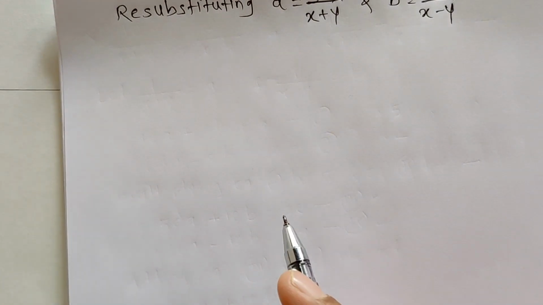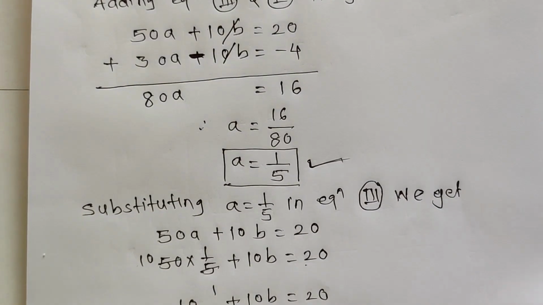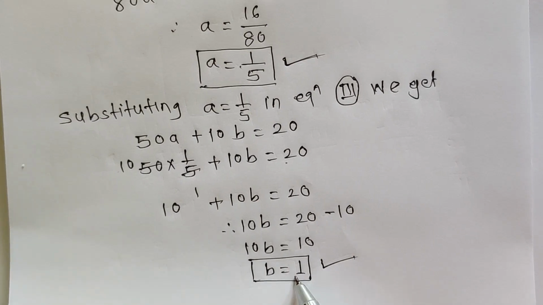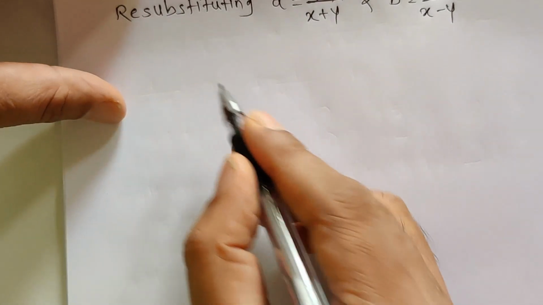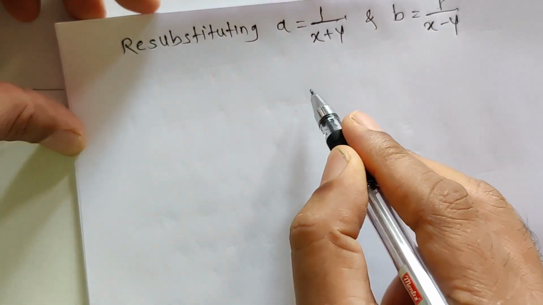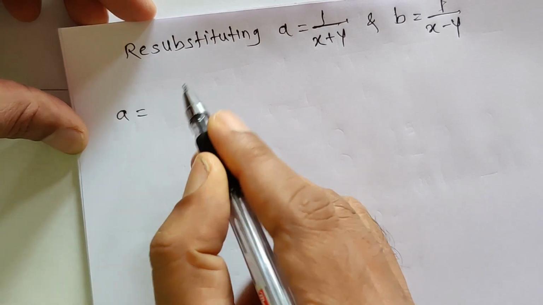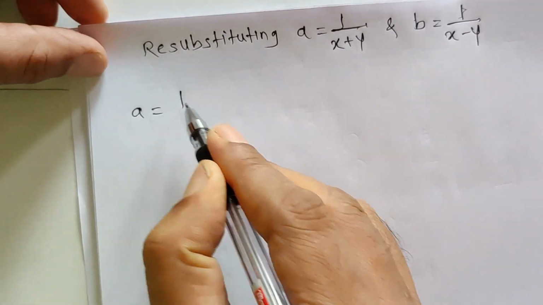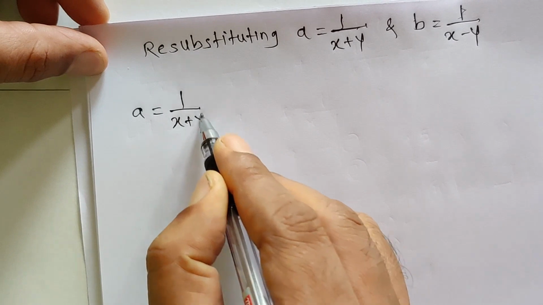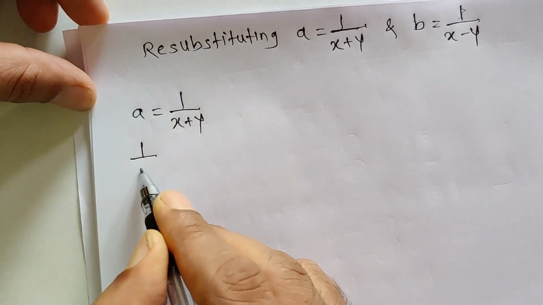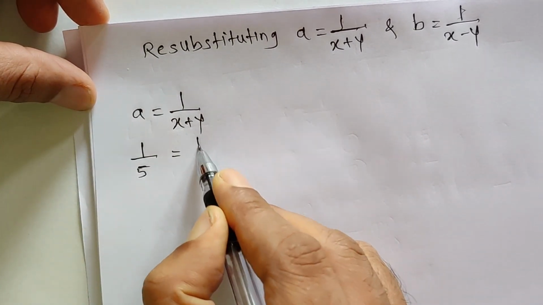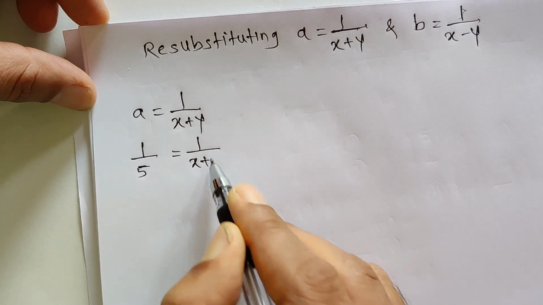Now here we get a is equal to 1 upon 5 and b is equal to 1. So substitute a is equal to 1 upon x plus y, but a is equal to 1 upon 5 is equal to 1 upon x plus y.